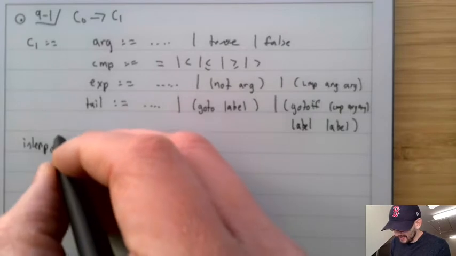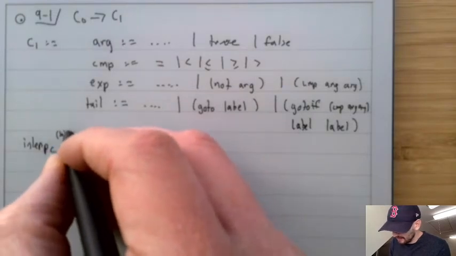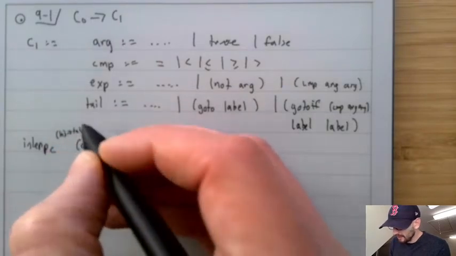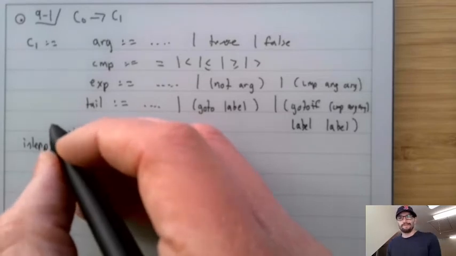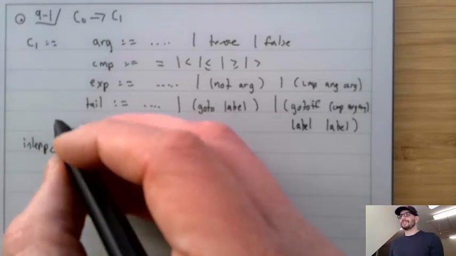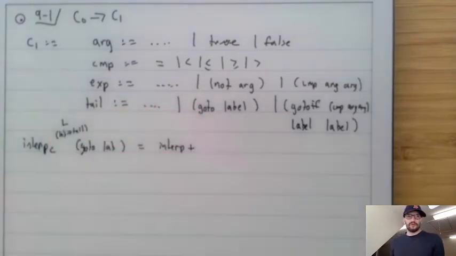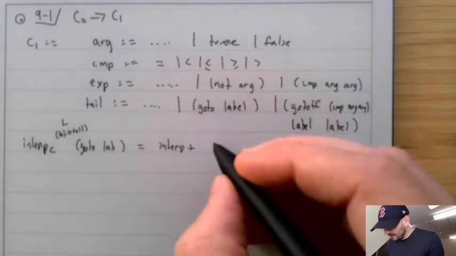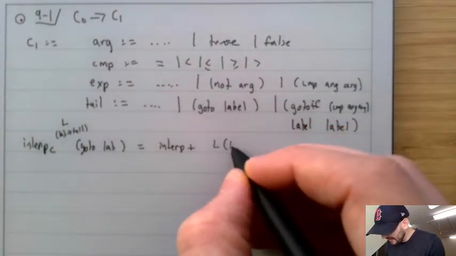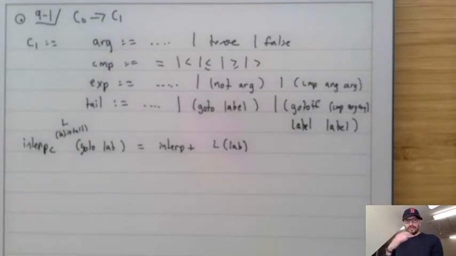Remember, there's this mapping from labels to tails. I forget what we called it. Let's just call it big L for the label to tail mapping. We're going to go look up inside of L what that label is. So we're just going to switch to do a different tail.